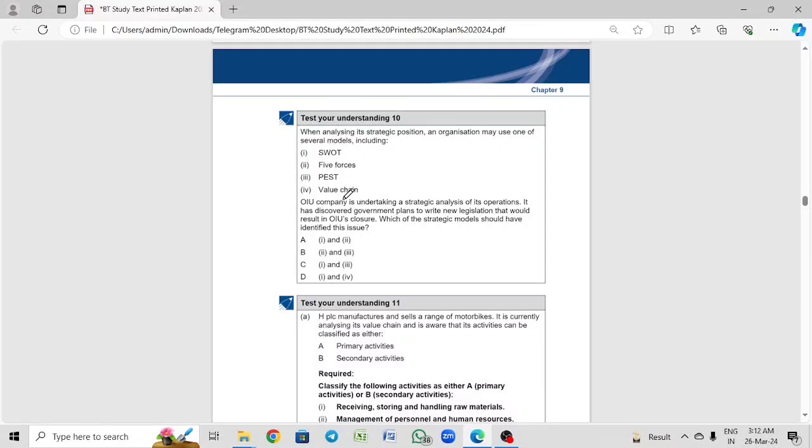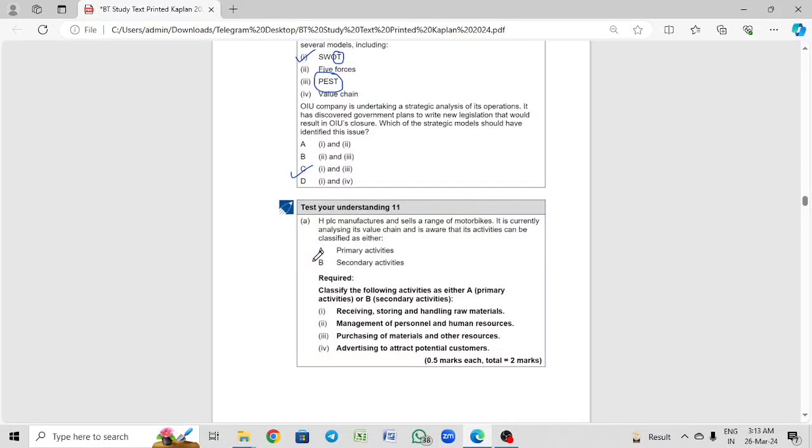Okay, which of these would have identified this issue? So it is definitely the SWOT analysis. Okay, what might be the threats that we face in the future can be analyzed through the SWOT analysis. And the PEST. Okay, what are the legal and the political changes happening in the environment. Okay, so it is definitely C.